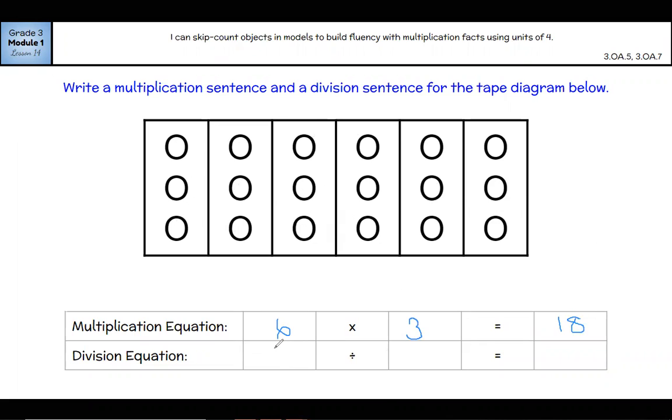My division equation is if I have 18 total and I divide them into 6 groups, I'll get 3 in each group. Or I could say if I have 18 total and I put 3 per group, it will give me 6 groups. Both are correct.